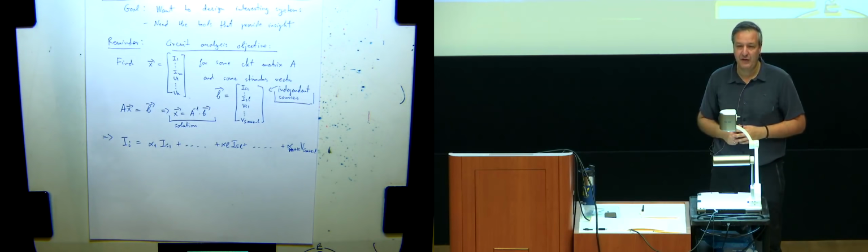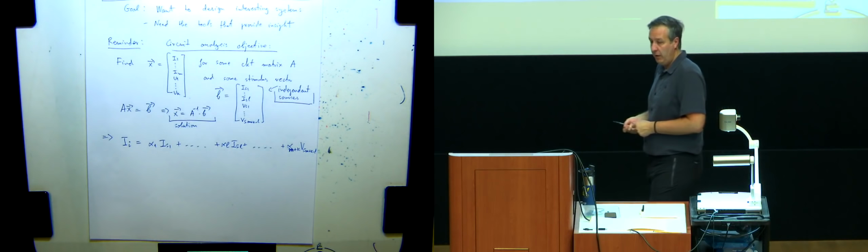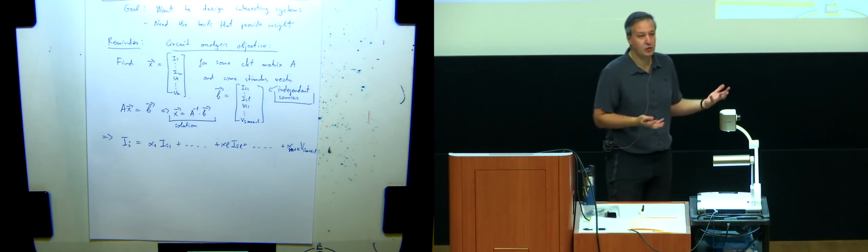That's really what that matrix vector multiply means: the variable that I'm looking for is a linear combination of the sources in the circuit.